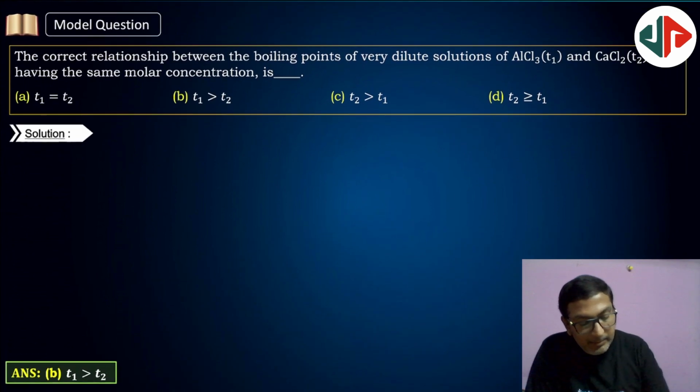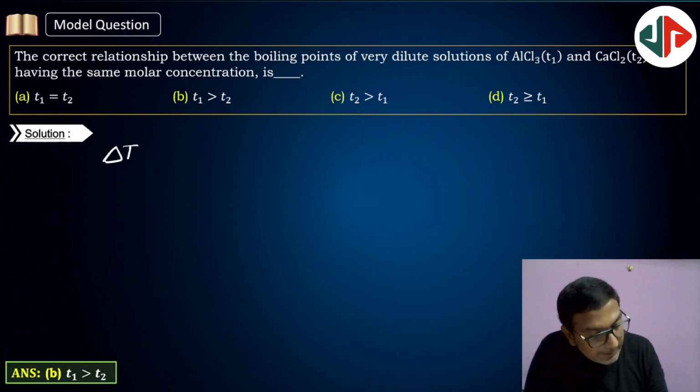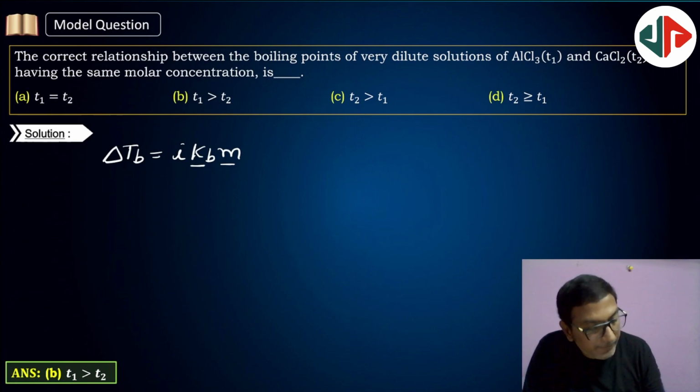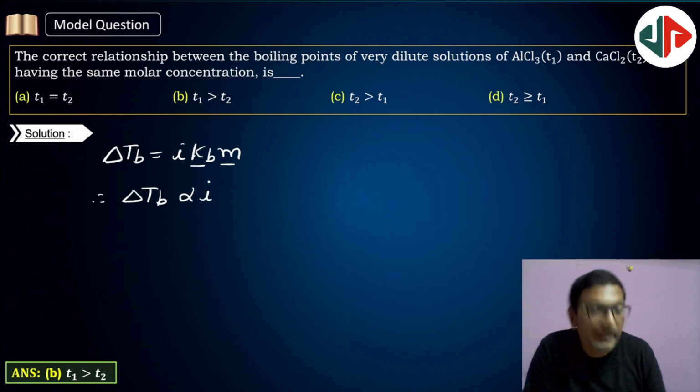The correct relationship between boiling points of very dilute solutions of AlCl3, CaCl2 at the same molar concentration. So here delta Tb equals i into Kb into m. Kb and m are constants, therefore delta Tb is directly proportional to i.